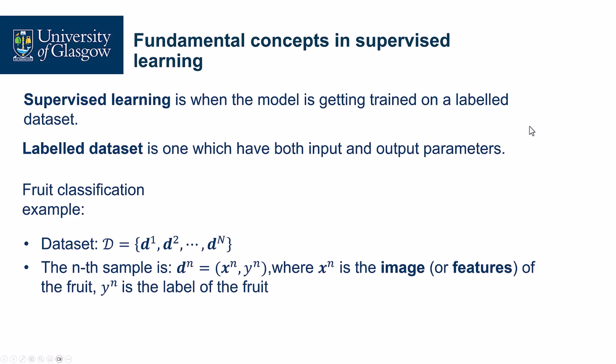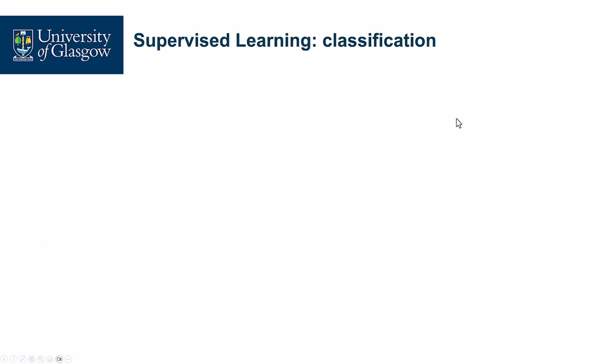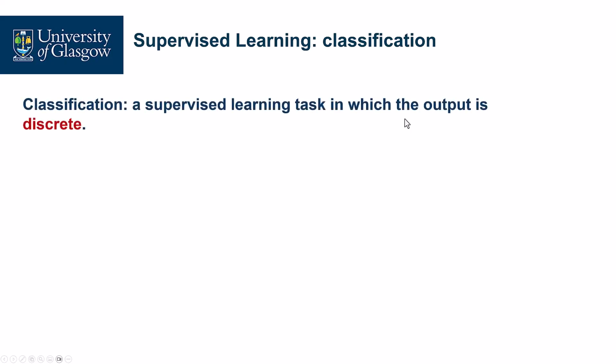In supervised learning, we have the training data and the test data set, so we don't repeat it again. In supervised learning, there are mainly two kinds of interesting problems: classification and regression. Let's talk about classification first. For classification, we mean that the output data is discrete or categorical data.